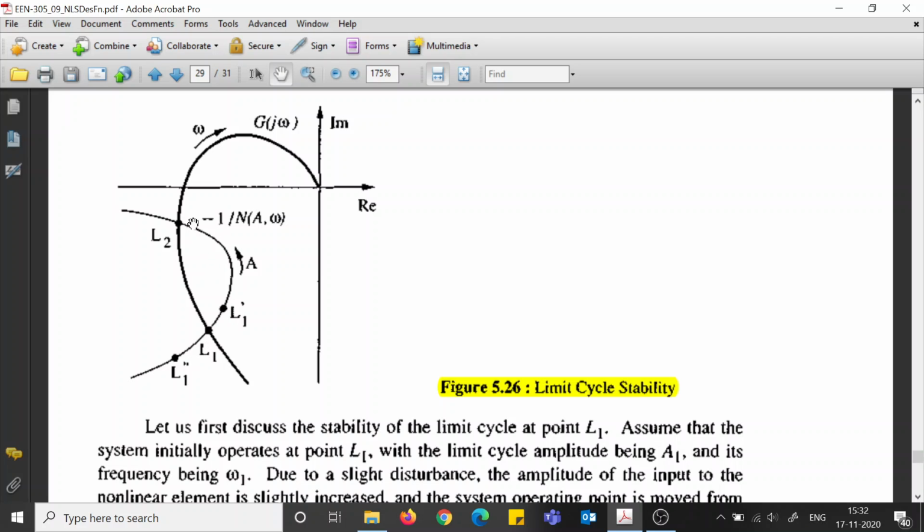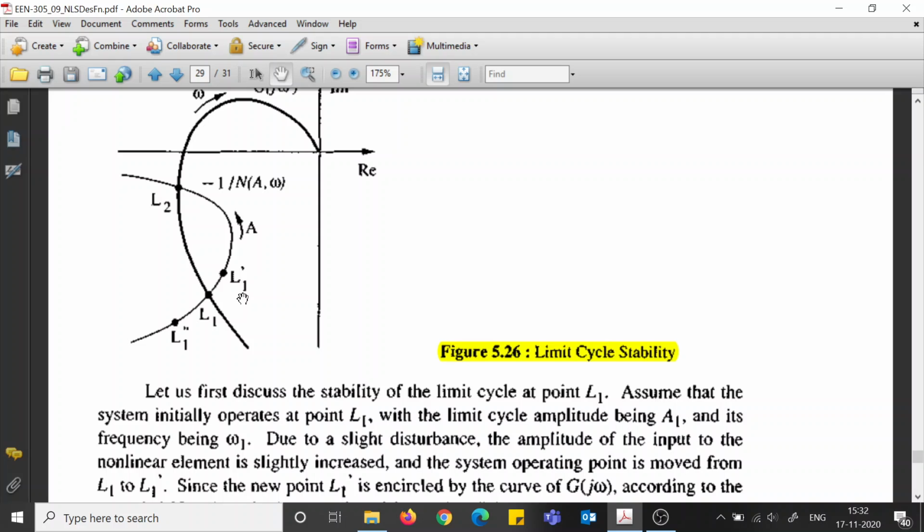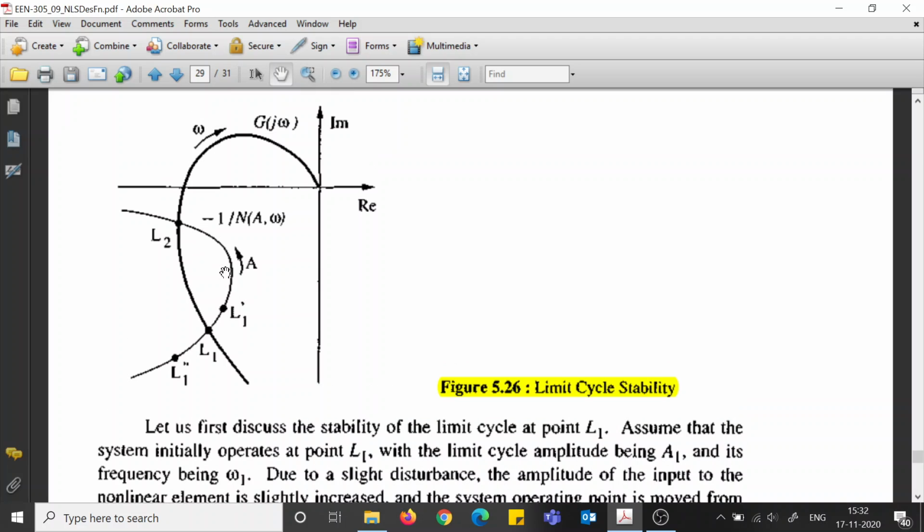If this curve is encircled by G(j omega), then that is where you are unstable. We are not saying your limit cycle is unstable; in this region the system is unstable.